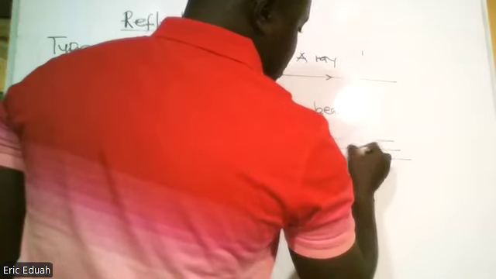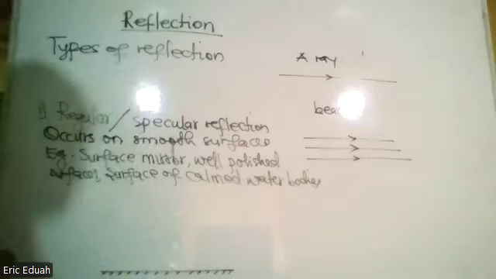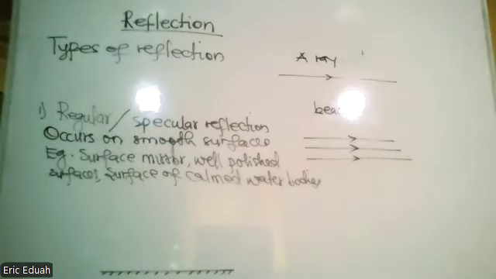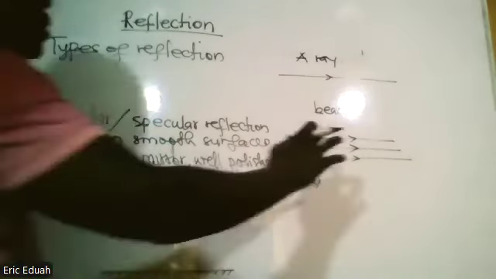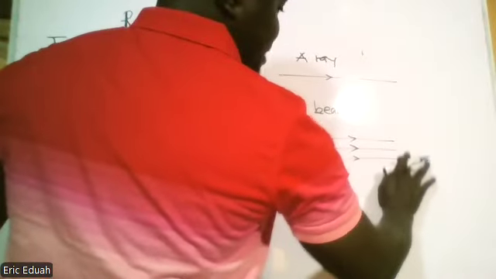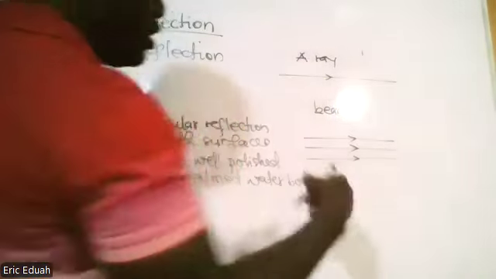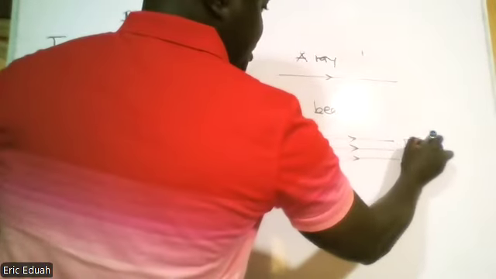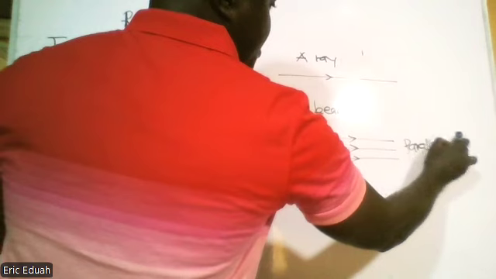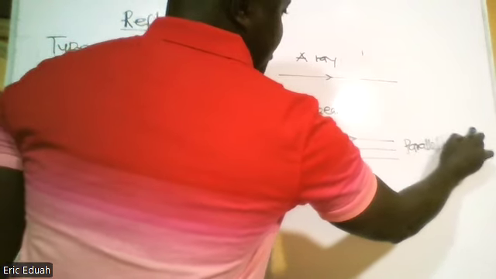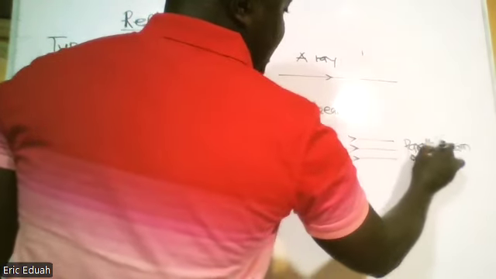So they constitute a beam. So we can also describe this particular beam as a parallel beam of light.